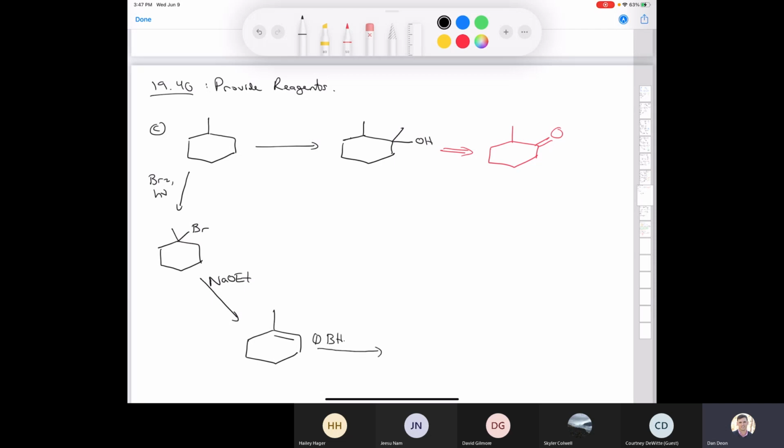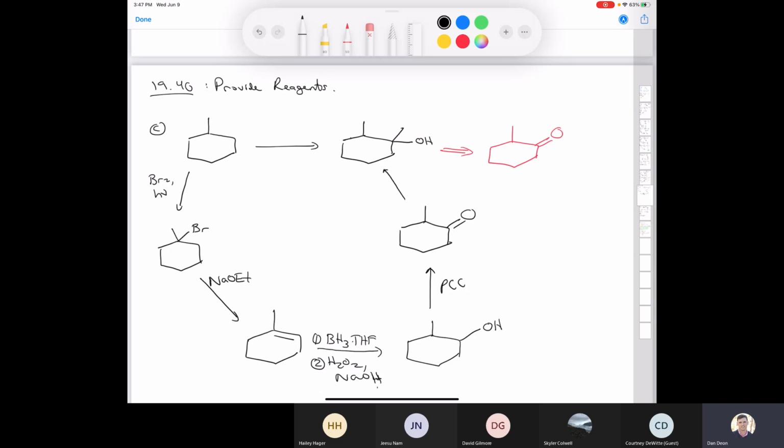Treatment with borane and THF, followed by hydrogen peroxide and sodium hydroxide. That would give me this compound, and then I'm kind of seeing some light at the end of the tunnel, right? Because now all I have to do is oxidize this with something like PCC or the Swern reagent, and that would give me the desired ketone.